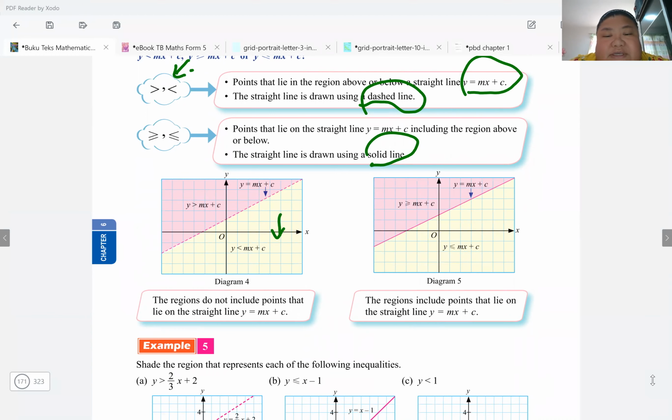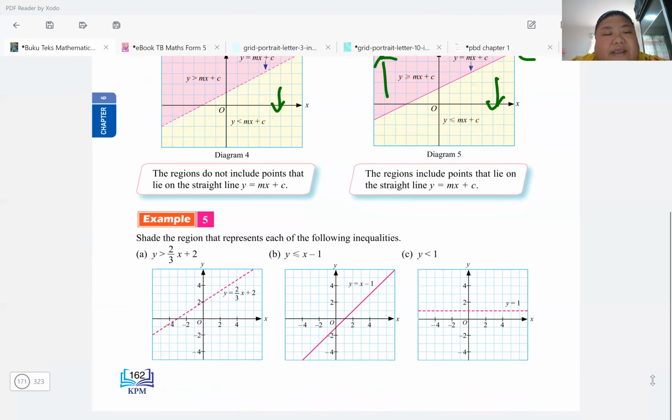The second one is the solid line. For the solid line, above is y greater than or equal to mx plus c, but down here is y less than or equal to mx plus c. That's the difference. You have to differentiate between the two straight lines.